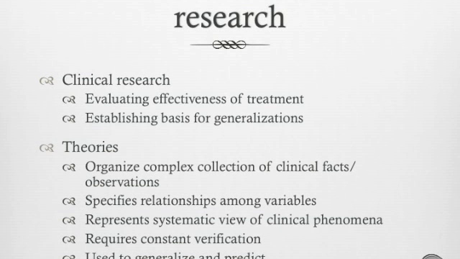Theories are created out of a need to organize and give meaning to a complex collection of individual facts and observations. Methods are the means by which we conduct those investigations in a reliable and valid way so that we can understand clinical phenomena. But it is the theory that lets us speculate on the questions of why and how treatment works.